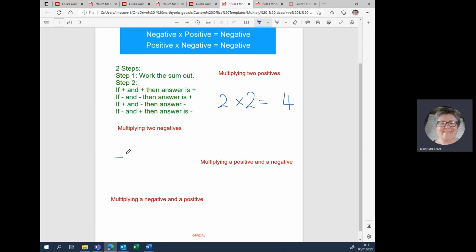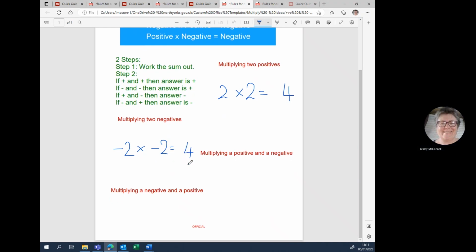Let's have a -2 multiplied by a -2. So we work out the sum. 2 times 2 is 4. We've got two negatives. Two negatives make a plus. So again, I don't need to put a plus in there.